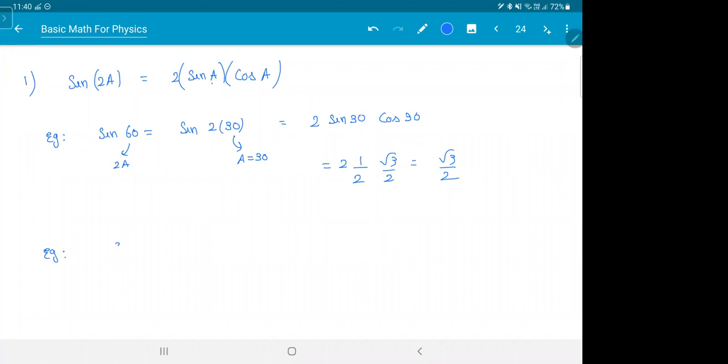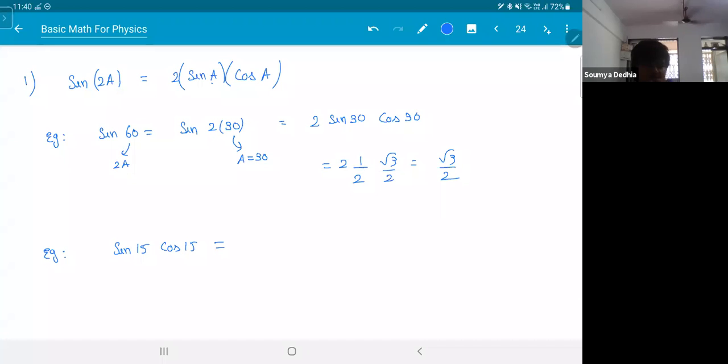Suppose someone asks you this one: sine 15 cos 15. How will you do this? You can reverse the formula.